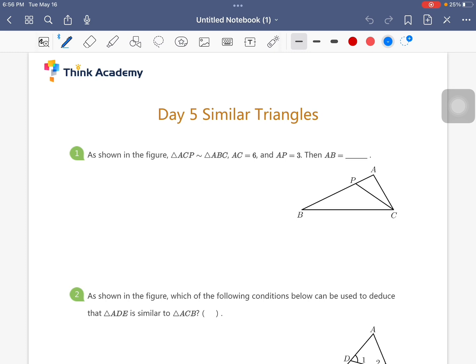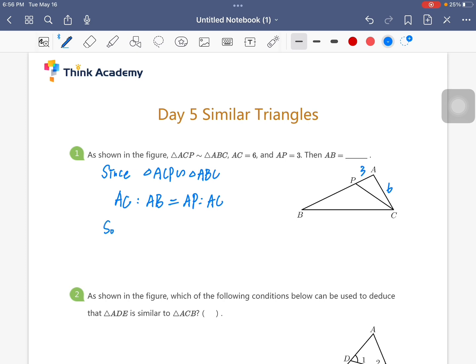For the first one, we have triangle ACP similar to triangle ABC, and we have the length of AC, which is 6, and AP, which is 3. We need to get the length of AB. Since triangle ACP is similar to triangle ABC, we therefore have AC over AB equals AP over AC.